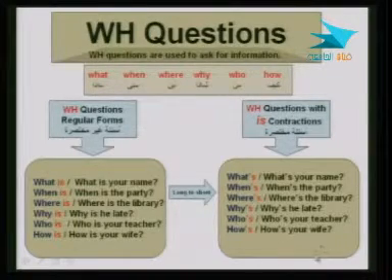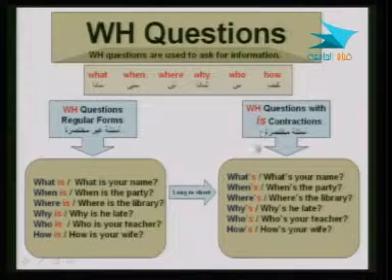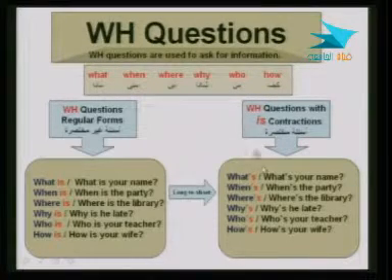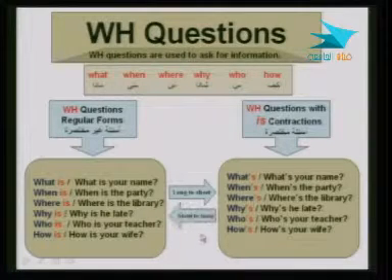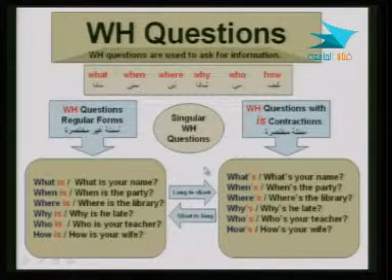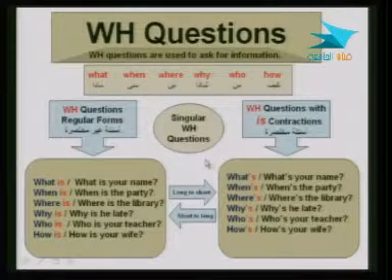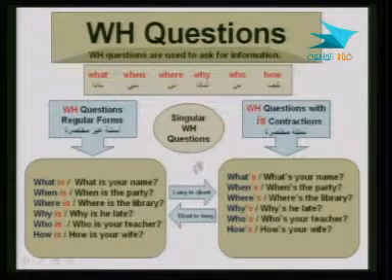All of these are contractions using the verb be is. We use the short forms of the verb be here. And we do not do it, of course, with the plural, but we'll get to that in the next slide. So these are singular WH questions.